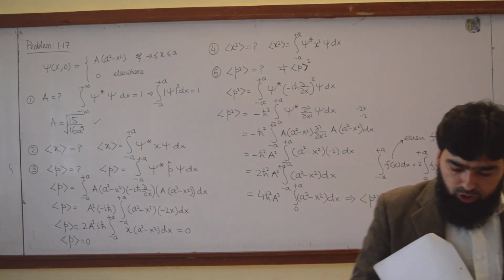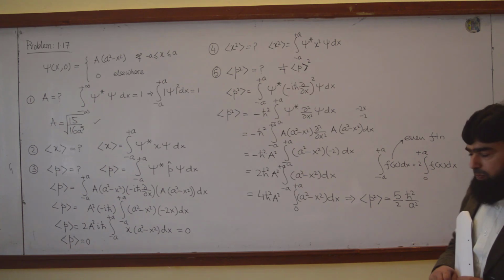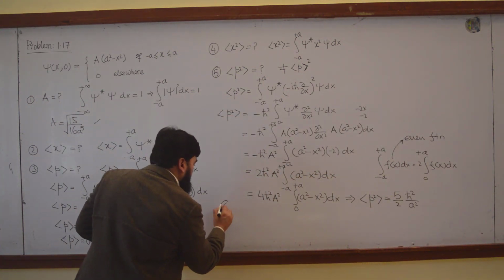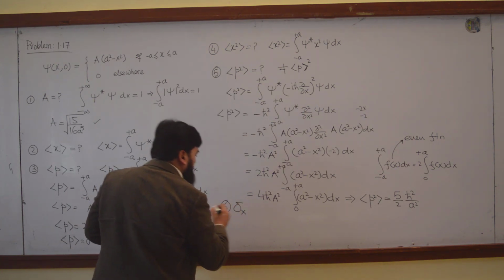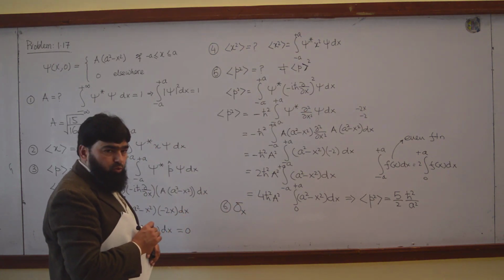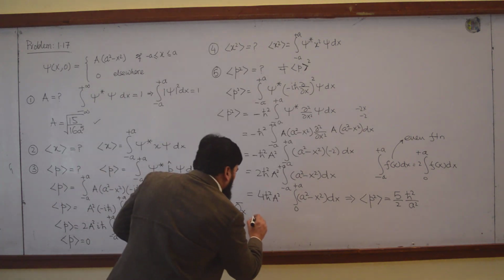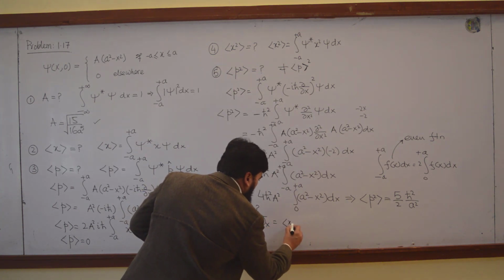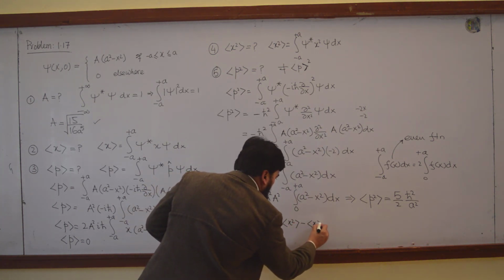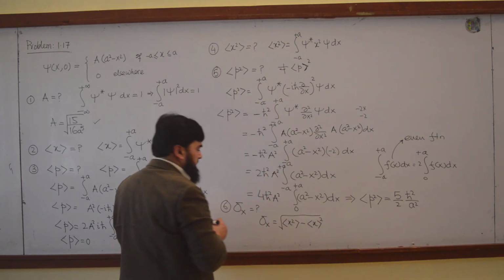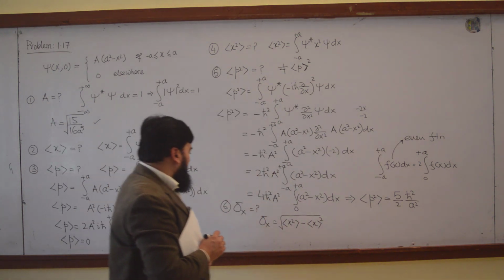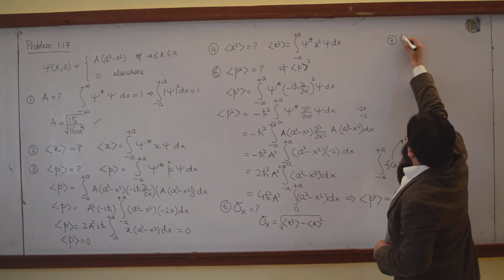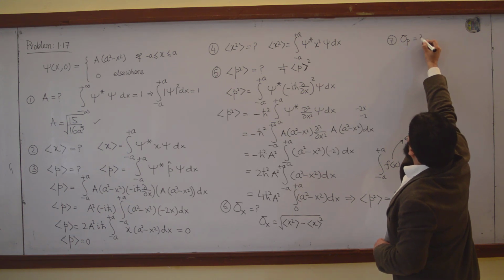And now some more things are asked from you, like in part 6, sigma x is supposed to be calculated. So what will be sigma x? Sigma x will be the expectation value of x square minus the square of the expectation value of x. Similarly, in the 7th question, sigma p is asked to be calculated.